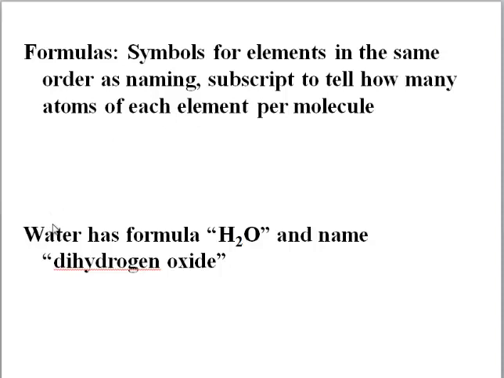So, for example, water has the formula H2O, and if you're provided with that formula, you know that the name of it has to be dihydrogen oxide. Hydrogen is to the left of the periodic table, oxygen is further to the right. You should be able to write down a name if given a formula, or a formula if given a name.